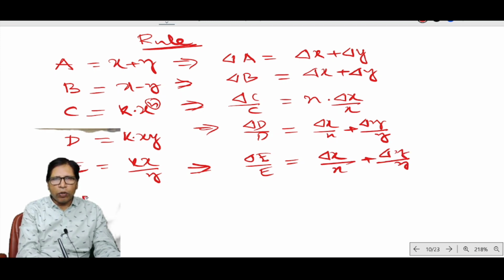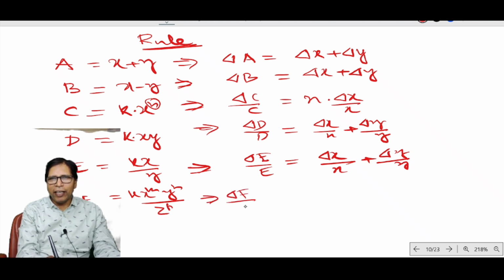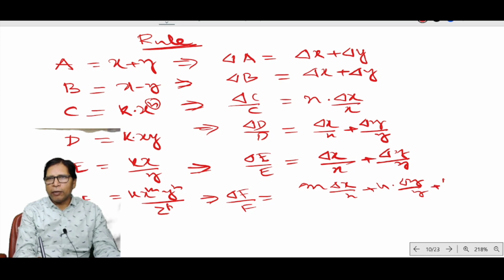Again, f equals k x to the power m y to the power n by z to the power p. So here delta f by f equals m into delta x by x plus n into delta y by y plus p into delta z by z.